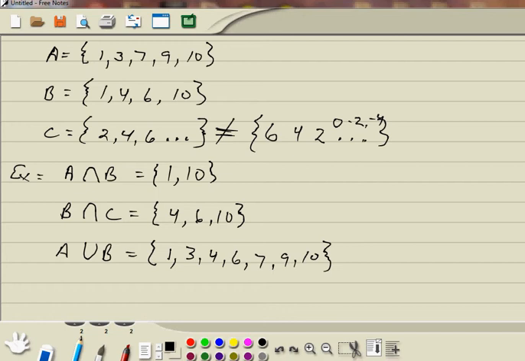All right, let's try one more. What would be B union C? And we see that it's everything, so it's going to be 1, 2, 4, 6, and 10. Now, these are going to go in increments of 2, so it's 8, 10, 12.